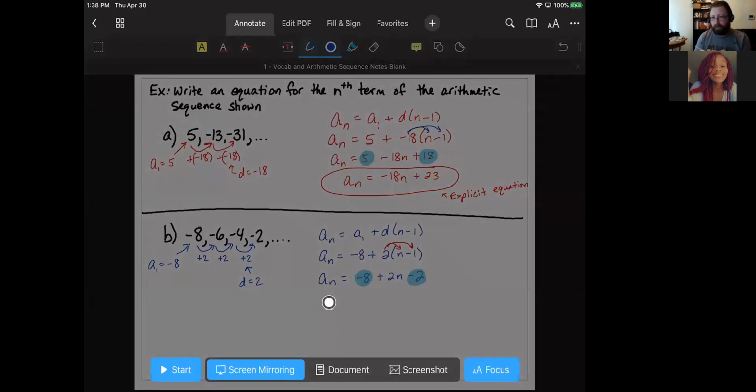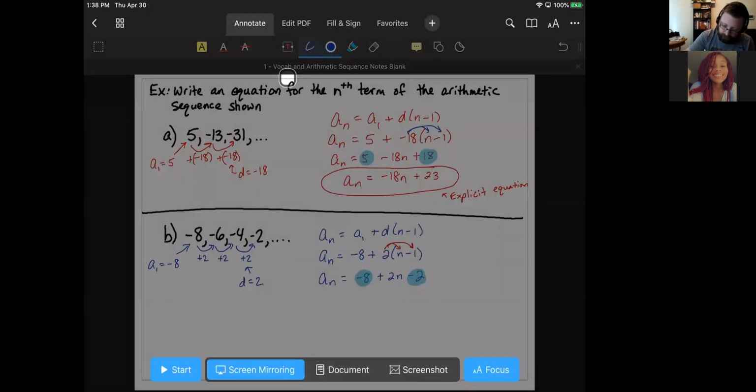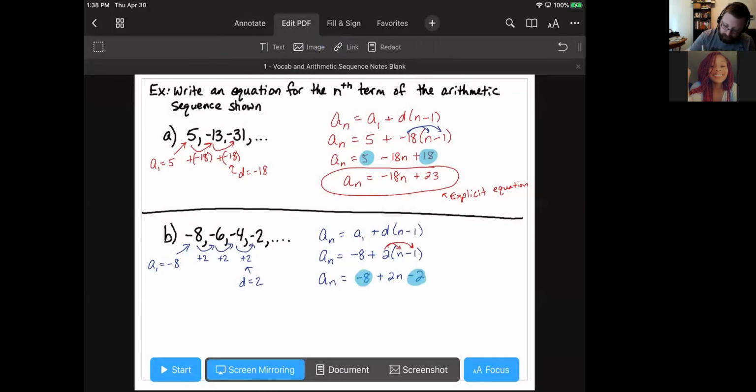I have no idea what's going on with my pen right now. It's acting like it switched to the text tool. One second here.